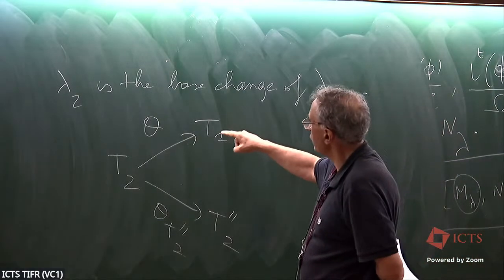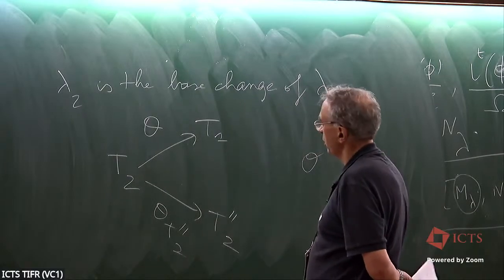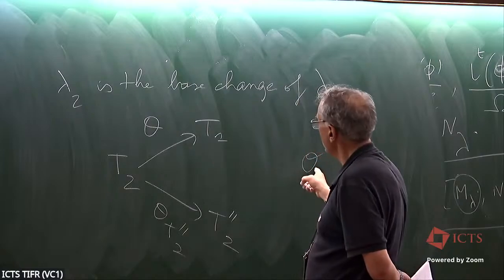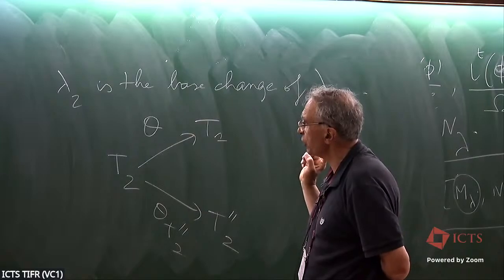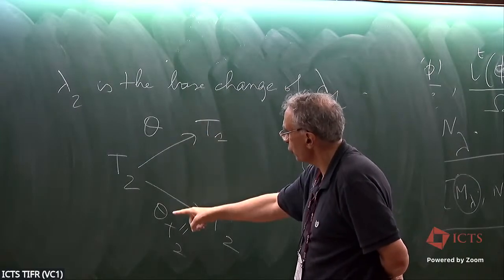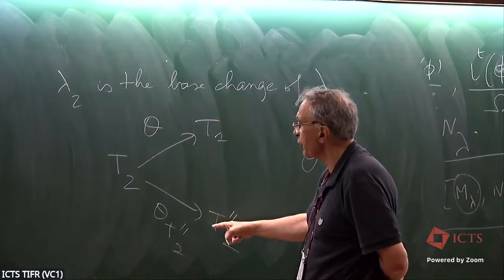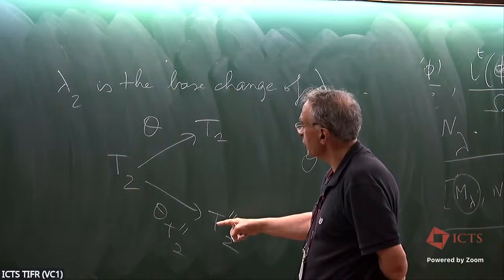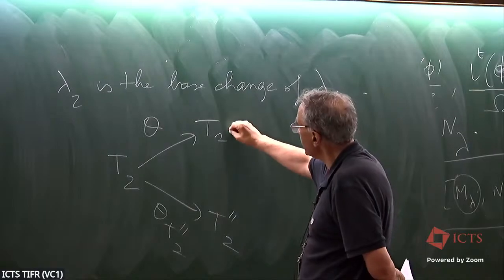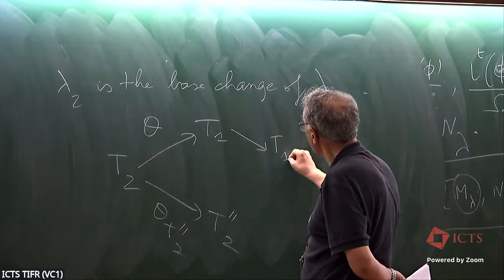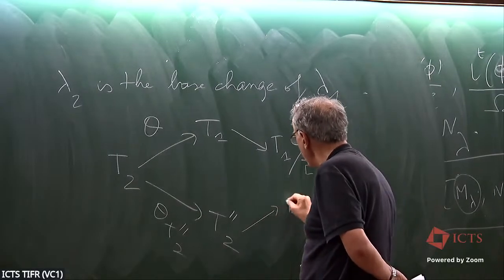When you have a morphism from T2 to O, either it factors through theta, and we call it a base change, or it factors through theta T double prime 2, and we call it a non-base change. And the relative congruence number is something which relates base changes and non-base changes.